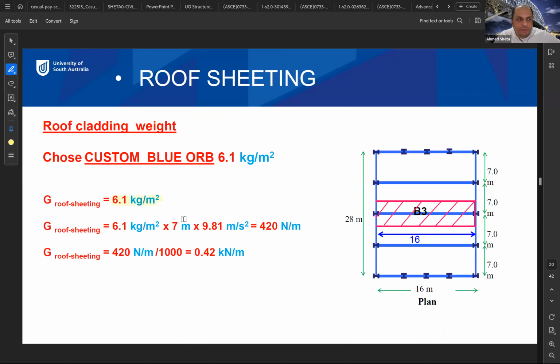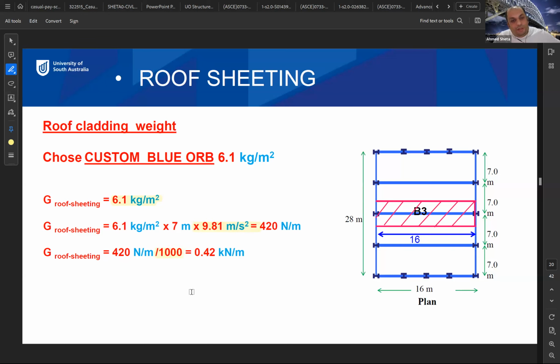What you need to do again here? I'm just trying to repeat to remind you. So first of all, the unit is kilogram per square meter. So to convert it to kilonewton, what you need to do? Multiply by 9.81 and divide by 1,000.